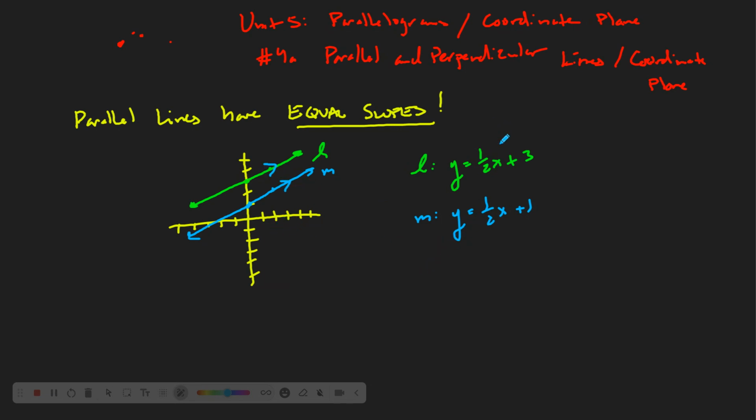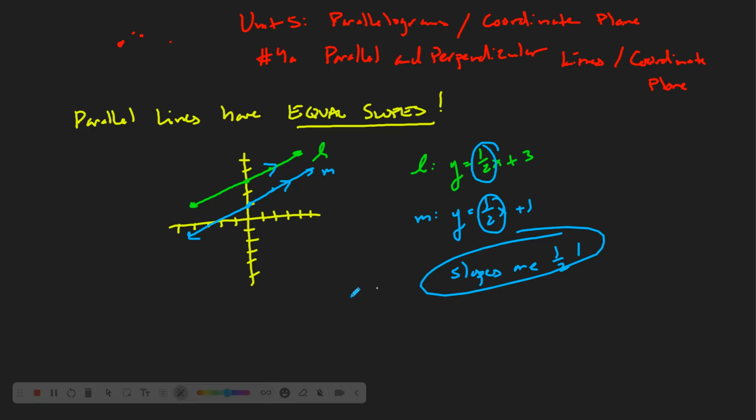And if you look at these two equations, 1/2, 1/2, both have slopes equal to 1/2. Because they're equal, those lines are parallel. So that's parallel lines.